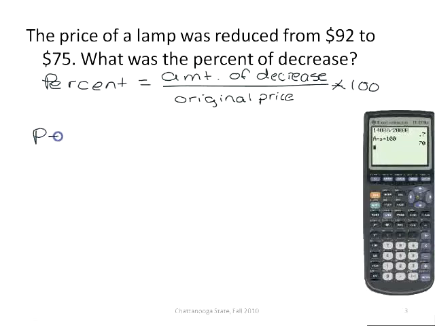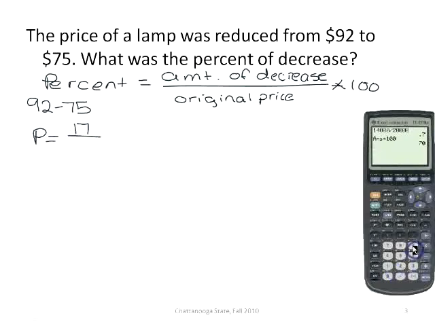So let's see, my percent, I'm just going to use a P for the percent here. How much would the decrease be? The decrease would be $92 minus $75. So the amount of the change is a $17 change.